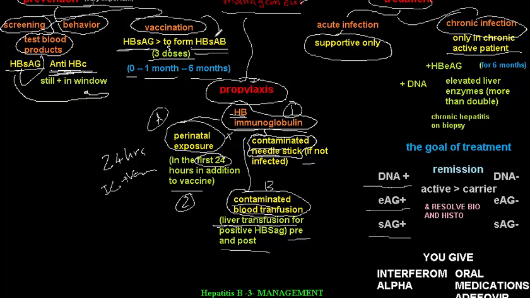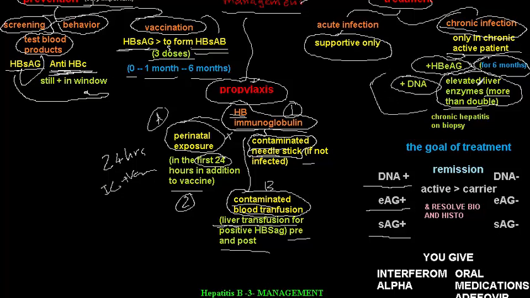In other words, the indication for treatment is only chronic active disease, when we have envelope antigen positive, positive DNA, and elevated liver enzymes, more than double the normal. The infection should be chronic, more than 6 months. If we have these values for more than 6 months, we have a chronic and active state.